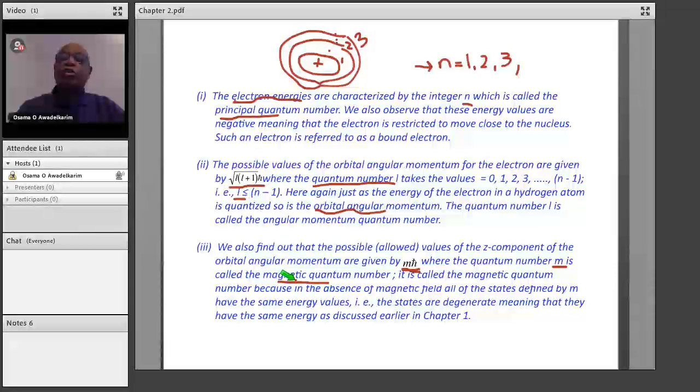So, in summary, we've done several examples of applying the Schrödinger equation. We have applied it to a potential barrier, and that gave rise to tunneling of electrons as we described it. And then we applied it to the quantum well, and that gave rise to electromagnetic radiation emission.